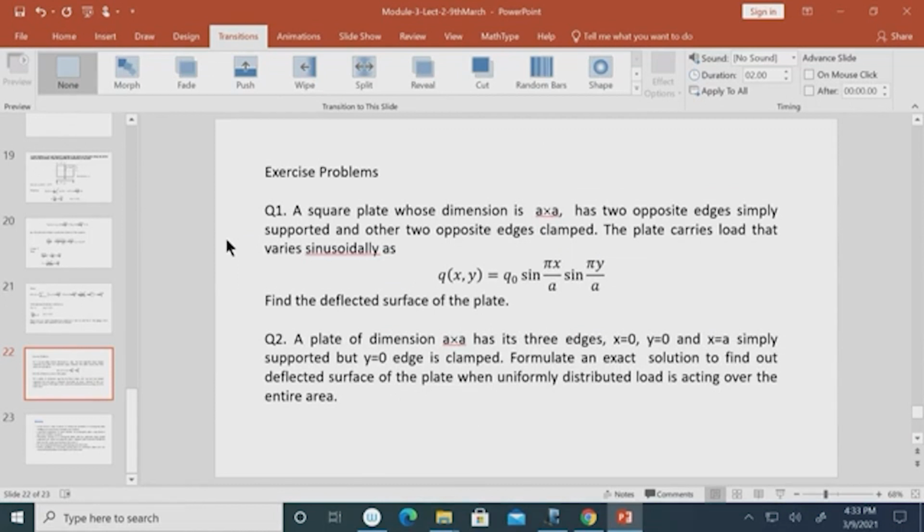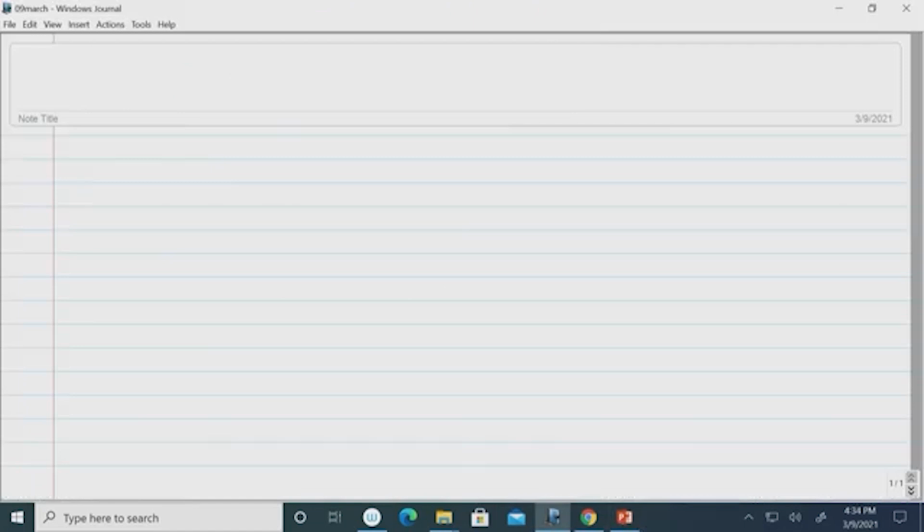So, first problem is this. Problem 1, we have a rectangular plate, but two sides are equal.